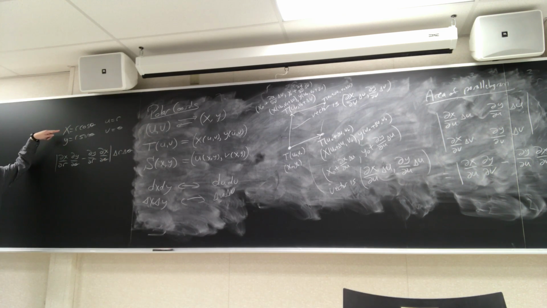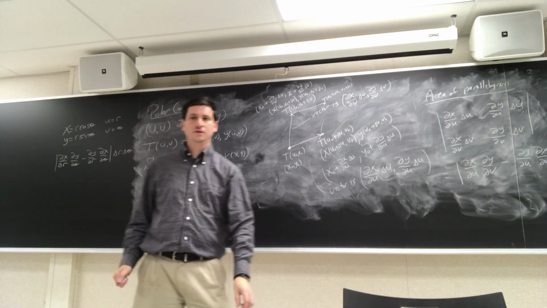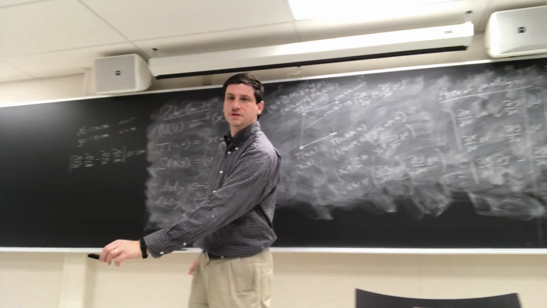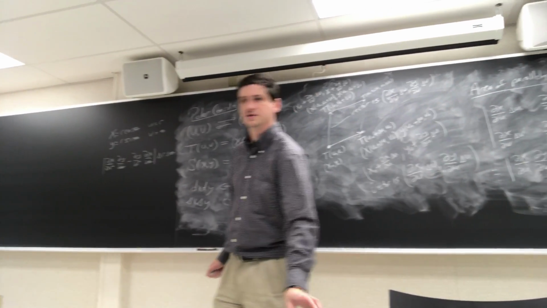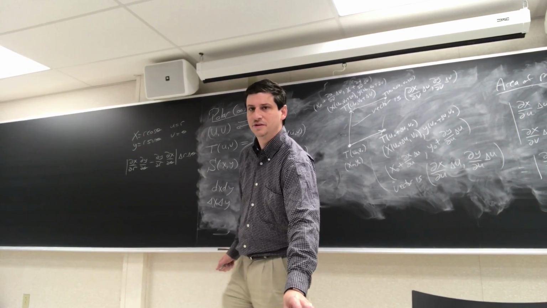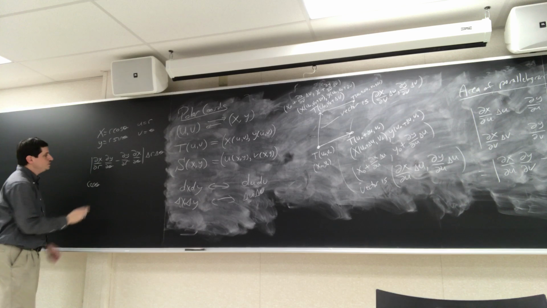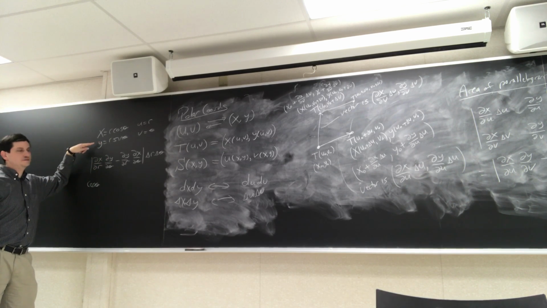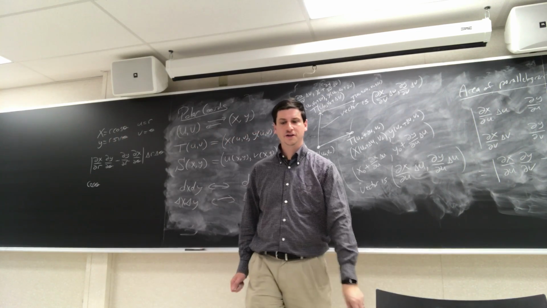What's the derivative of x with respect to r? It would be cosine of theta. So the first one will just be cosine theta. What's the derivative of y with respect to theta?